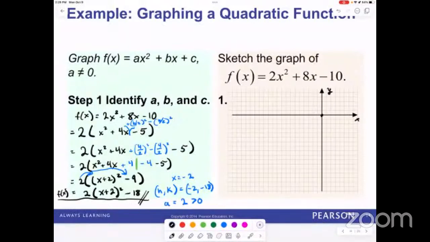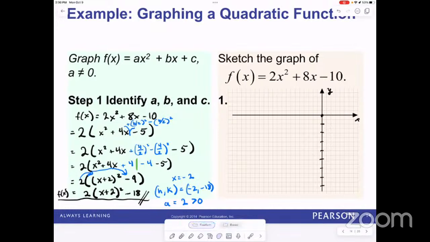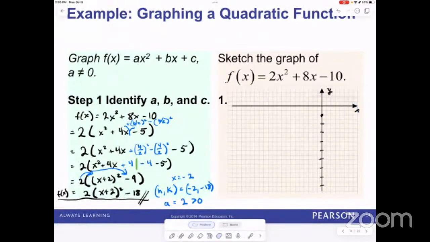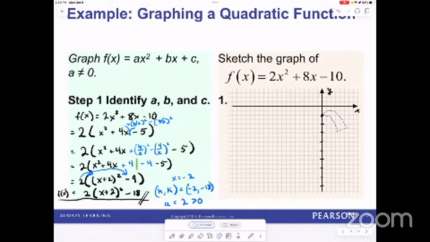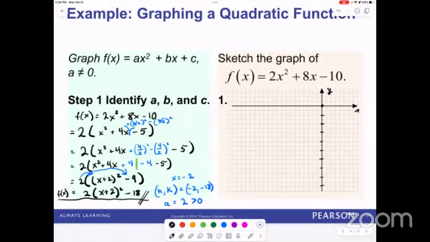So on the y-axis, I know I want to go by 2s. I'm going to say 2, 4, 6, 8, 10, 12, 14, 16. Oh, I gotta move it up. I probably could have gone by 3s and got it to fit, but this is fine. 2, 4, 6, 8, 10, 12, 14, 16, 18.